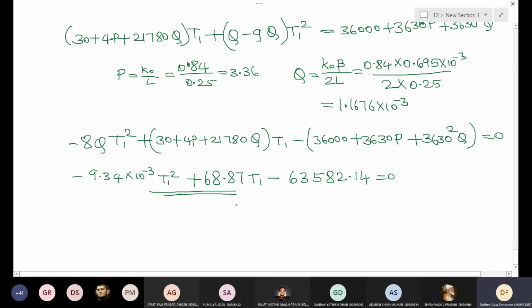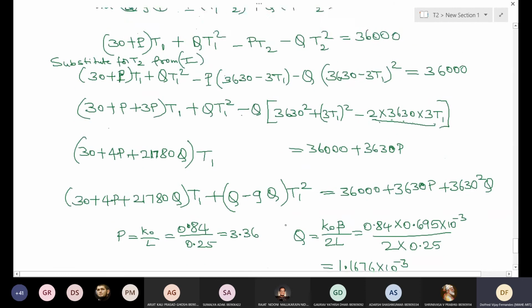Now, obtaining the solution to this quadratic equation, you can use your calculator. T1 equal to 1082 degree centigrade. That's all. So once you know T1, you know how to calculate T2.